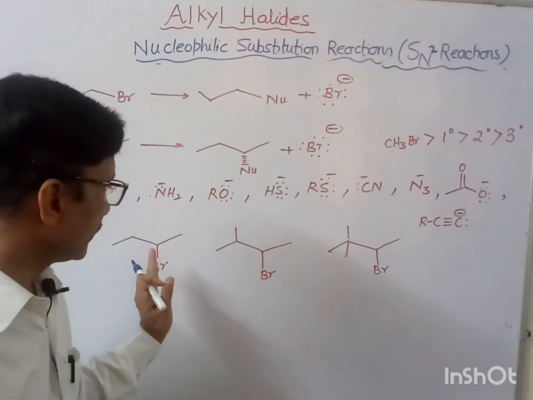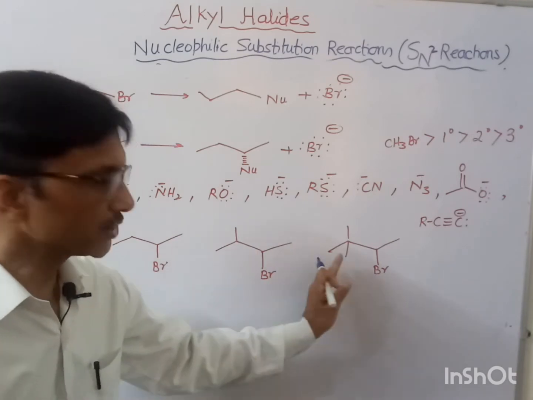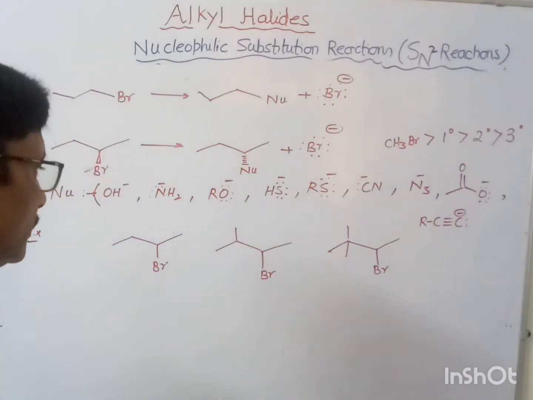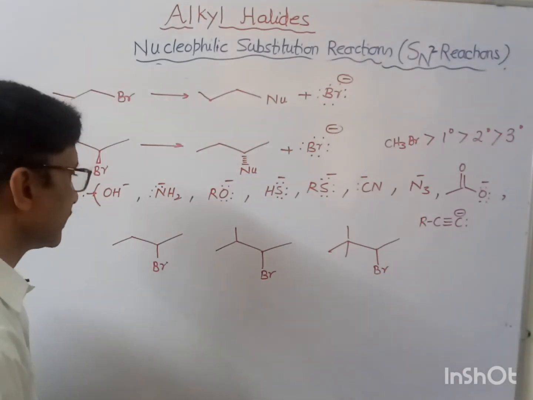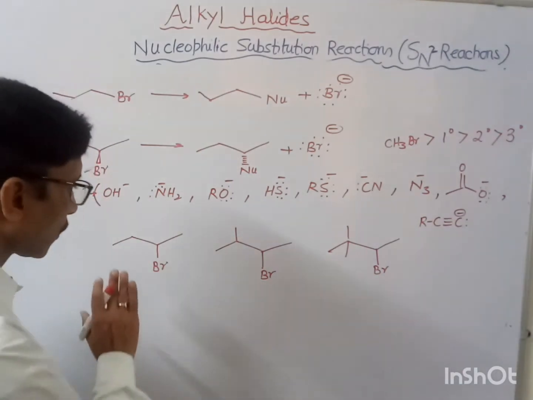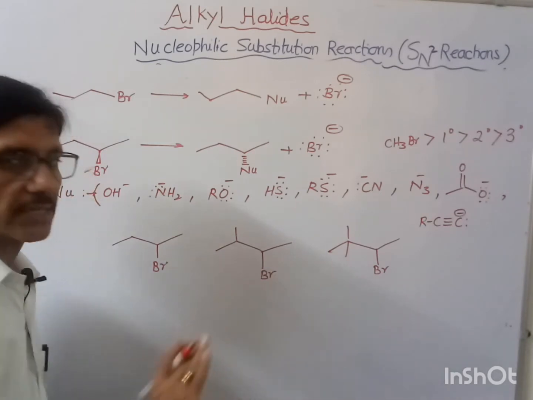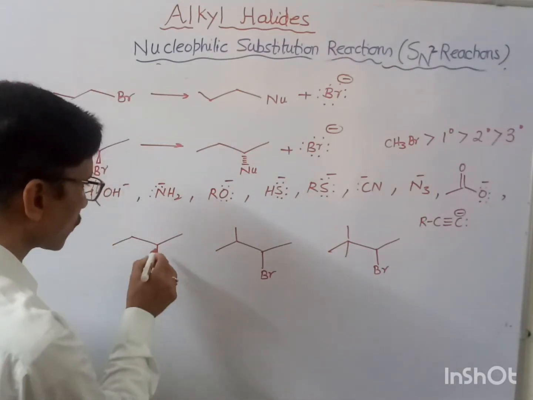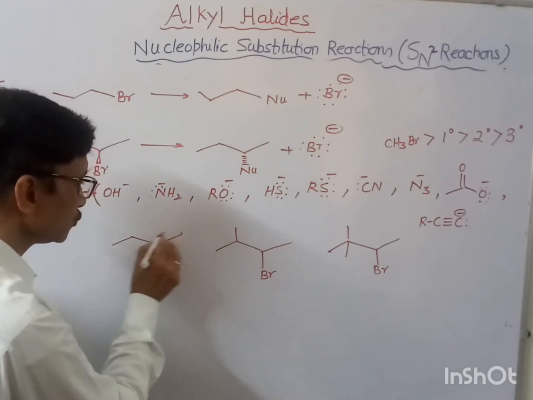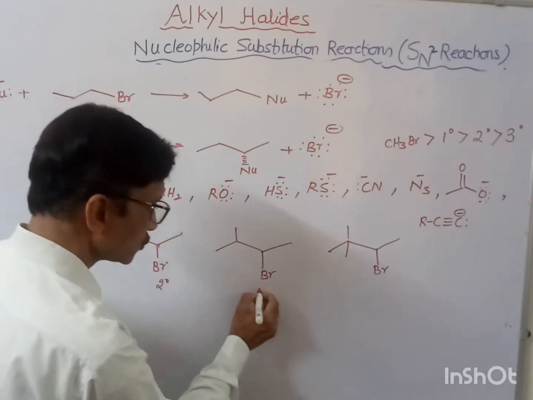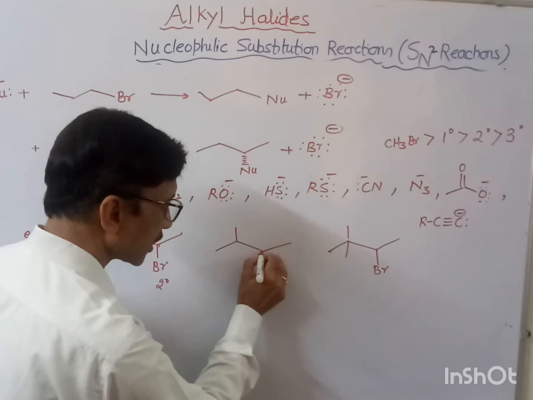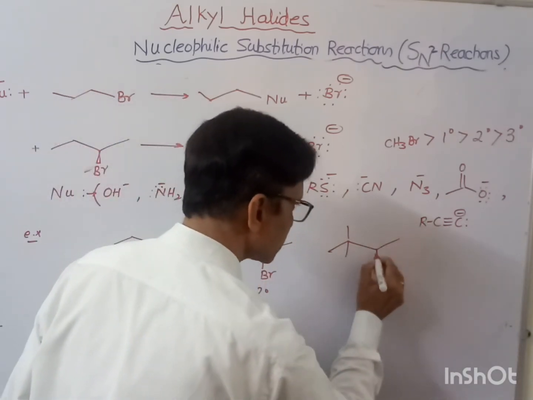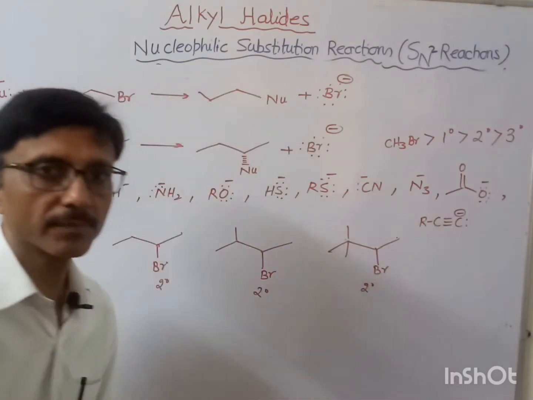So we have to decide which of these three alkyl halides will give the faster nucleophilic substitution reaction. If we see, all three of these alkyl halides are secondary alkyl halides. This is a secondary alkyl halide because this carbon is attached to these two carbons. Here also this is a secondary alkyl halide because this carbon is attached to these two carbons. This is also a secondary alkyl halide. This carbon is attached to these two carbons.